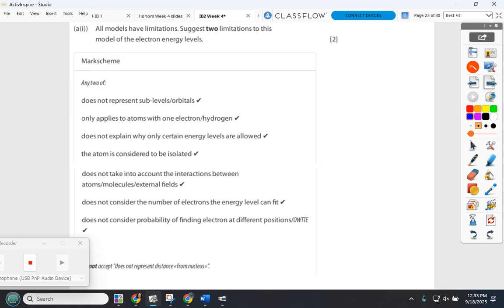Okay, so here is the mark scheme, and it says any 2 out of all of these. So, doesn't represent sublevels or orbitals. Yep, we got that. Only applies to atoms with 1 electron, or only applies to hydrogen. That particular model of the hydrogen atom doesn't work if we're talking about iron.